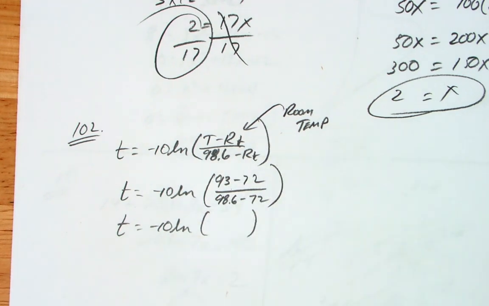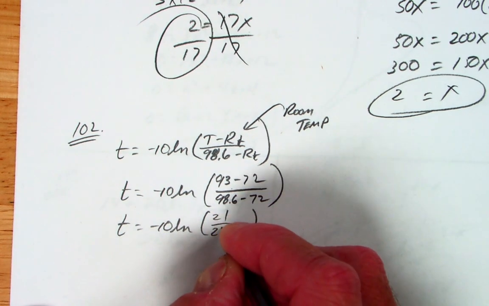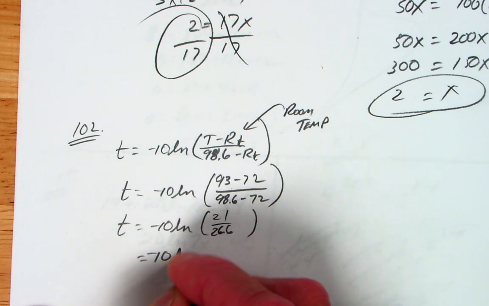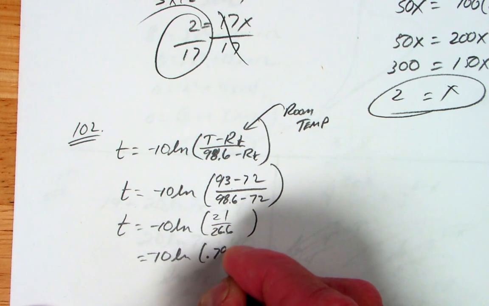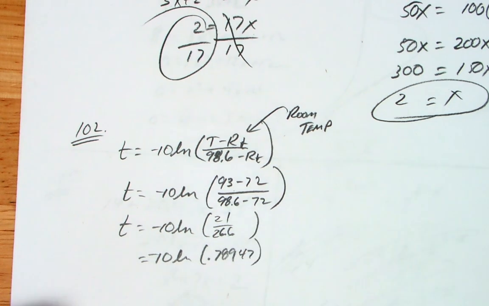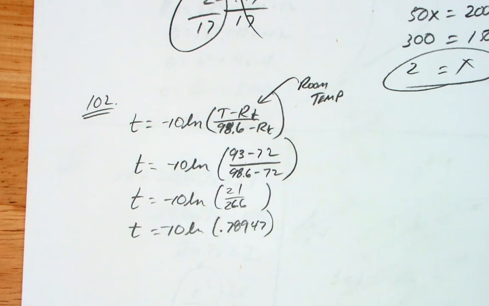I'd like a couple people to calculate this out for me, to make sure we're getting the right thing. 0.789 47. That's good. Is that right? You guys agree with that? Okay.